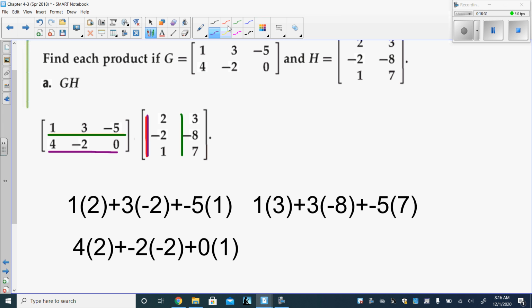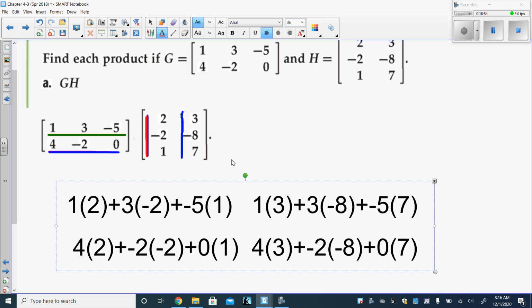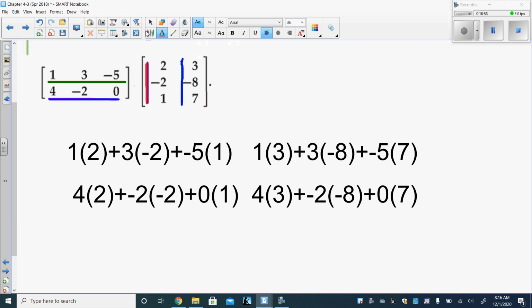Now the last set that we have to multiply together is this bottom row again, times our second column down. So our first one would be 4 times 3 plus negative 2 times negative 8 plus 0 times 7. And we're finished multiplying.